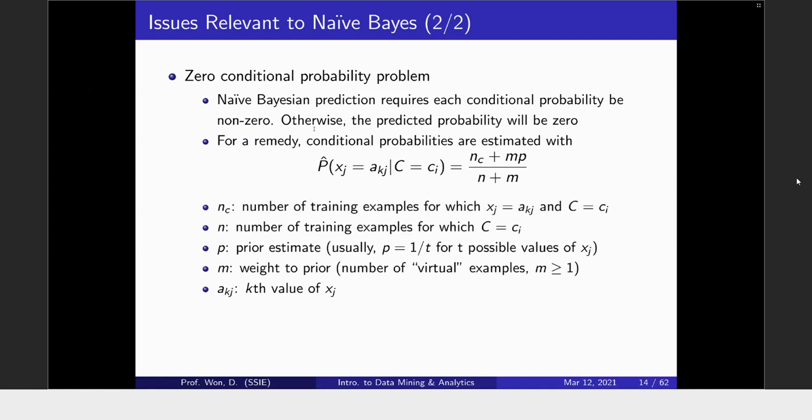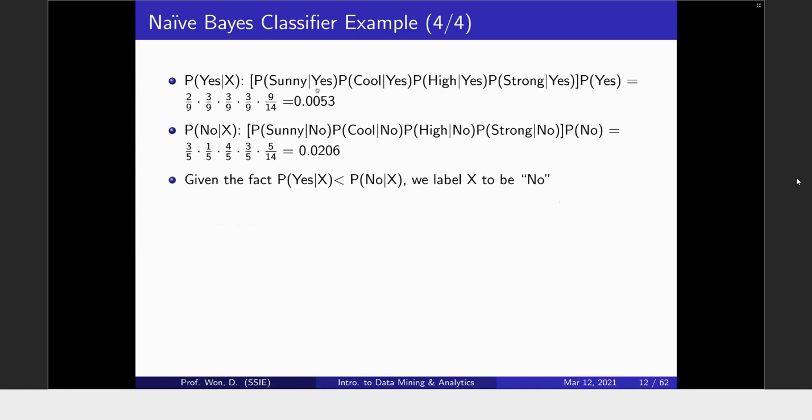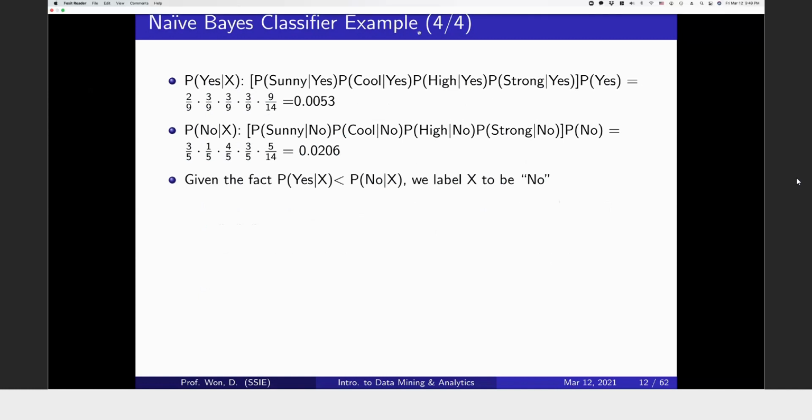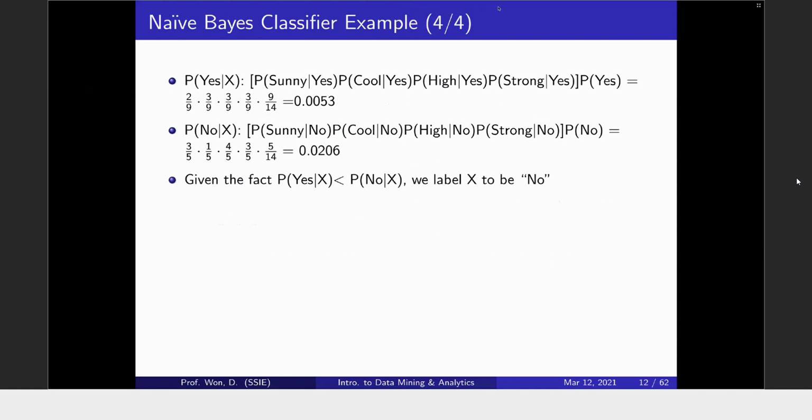For example, we have a very high value in the first term and a high value in the second term, almost close to one, almost close to one, almost close to one, but one is zero.